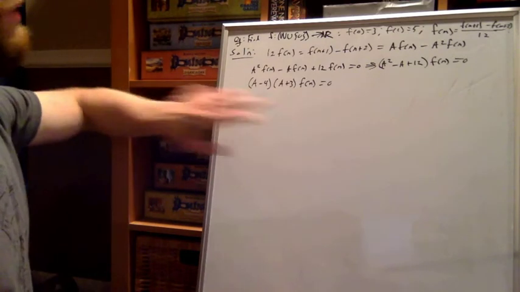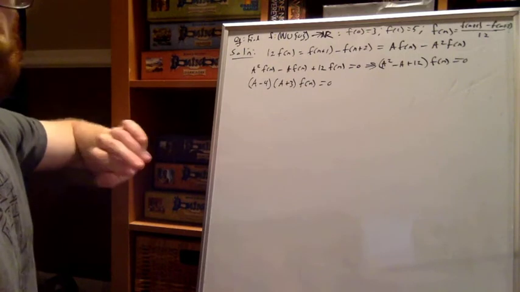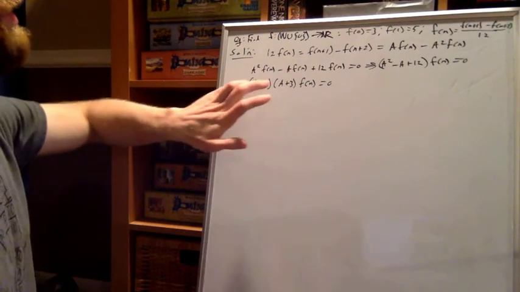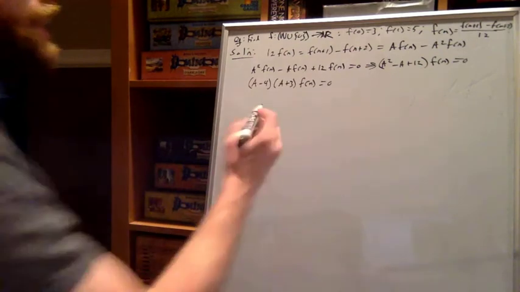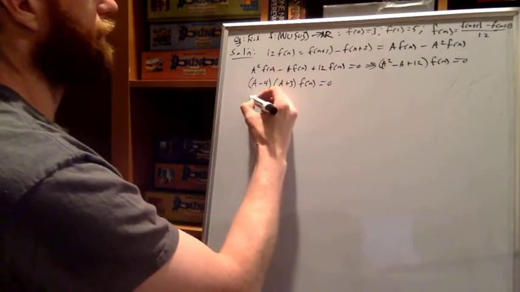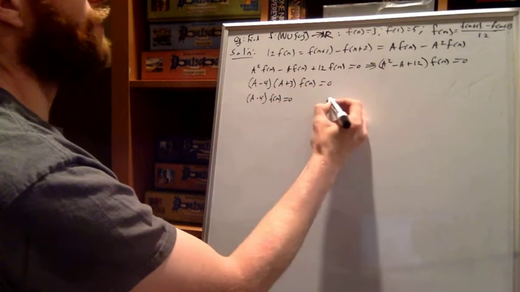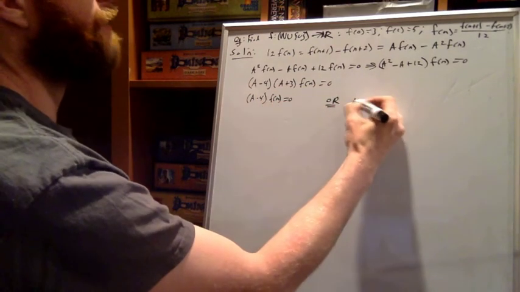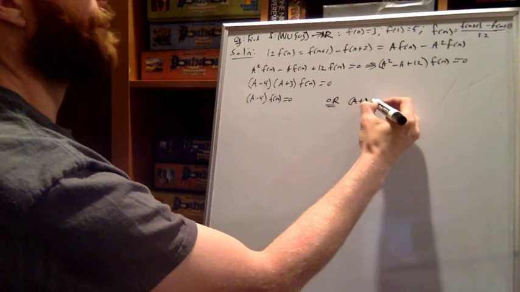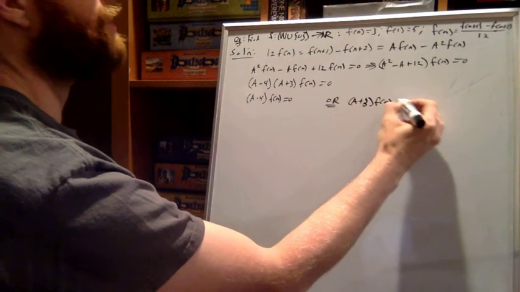So using the analogy of multiplication, though, if I've got this times this equals 0, that means either I have a minus 4 f of n is equal to 0, or a plus 3 f of n is equal to 0.